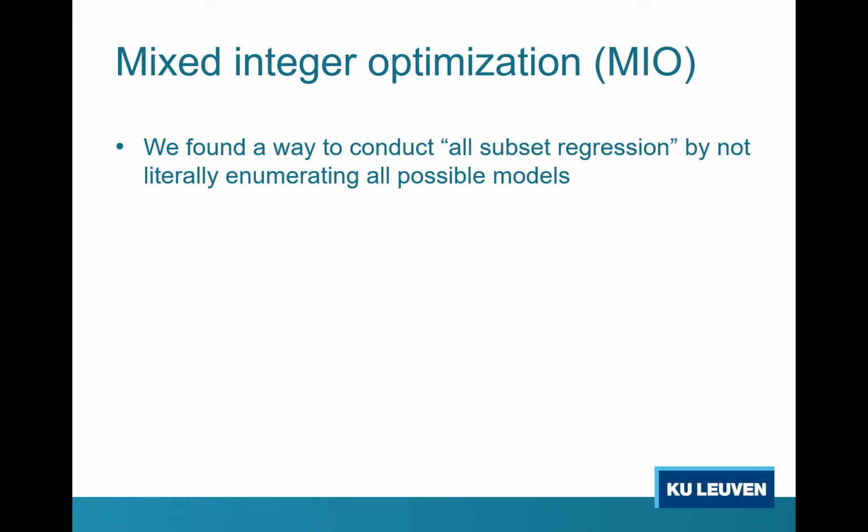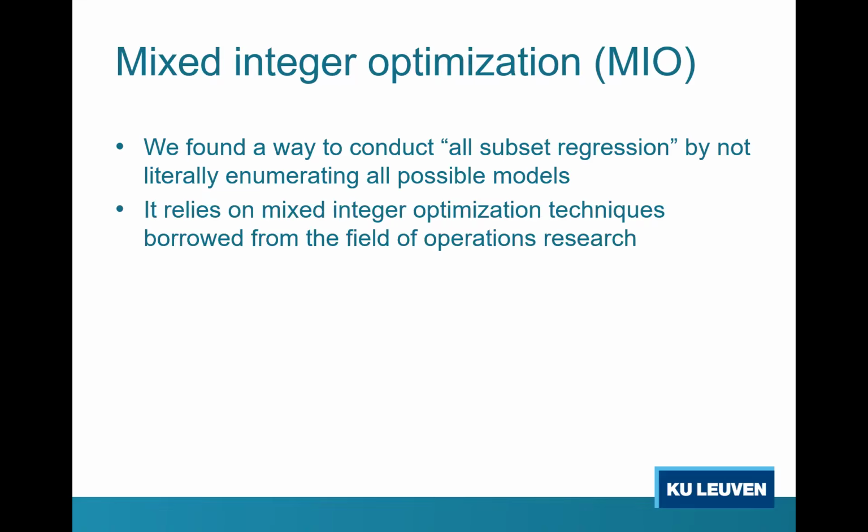And thanks to the magic of mixed integer programming, you can still be sure that at the end of the day, you have found the best possible models for your particular data set. So basically, for the third time today in this tutorial, we use operations research techniques in a statistical context to move forward in an efficient way.